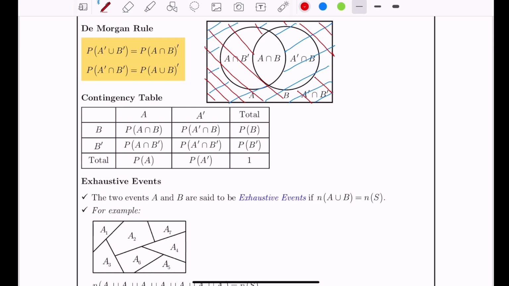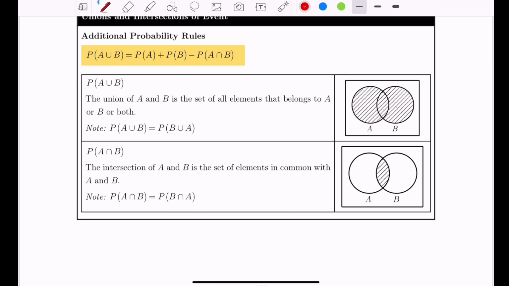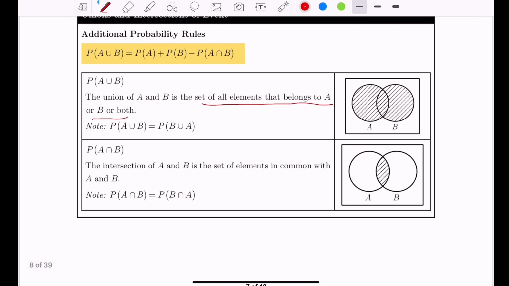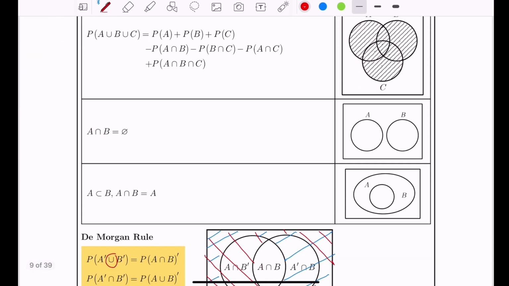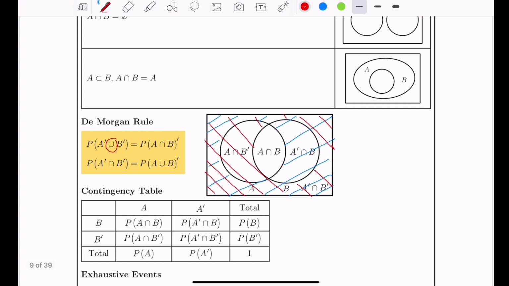So we know that when we talk about union, it means the set of all elements that belong to A or B or both. In this case, it is the set of all elements that belong to A prime or B prime or both.